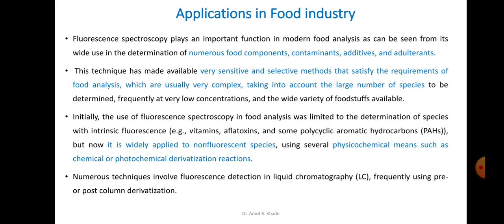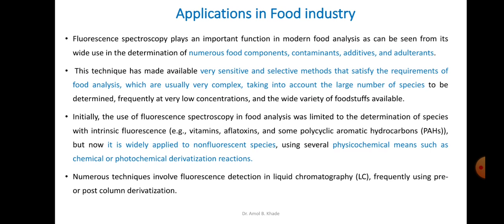This technique has made available a very sensitive and selective method that will satisfy the requirements of food analysis, because the method is very specific. Selectively we can quantify and identify a particular analyte or contaminant present in food material, which is usually very complex. In food material there are a lot of components present in one particular food packet or foodstuff, so the nature of the sample is very complex.